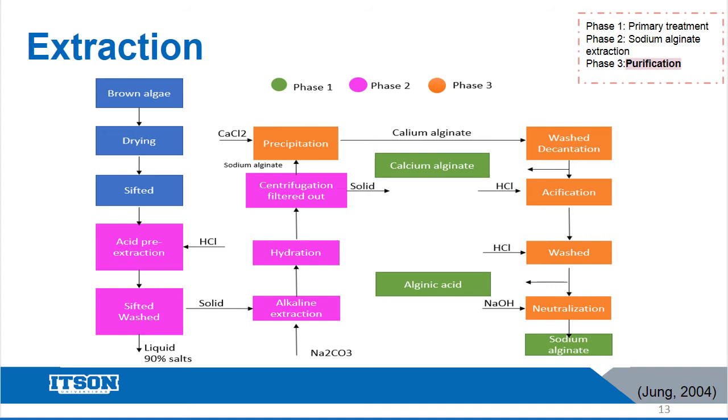Calcium alginate is the first product of commercial interest obtained in purified form. From it, you can get the rest. The calcium alginate is transformed into alginic acid by acidification. The alginic acid obtained is dried in a vacuum oven at 50 degrees until constant weight.